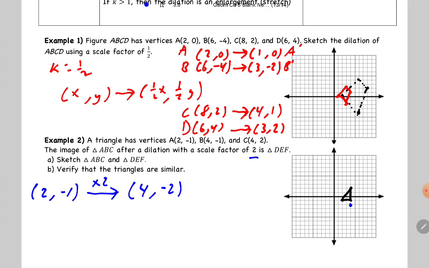They call this D. And then E, (4, -1): we'll times that by 2 to get E, which is (8, -2).